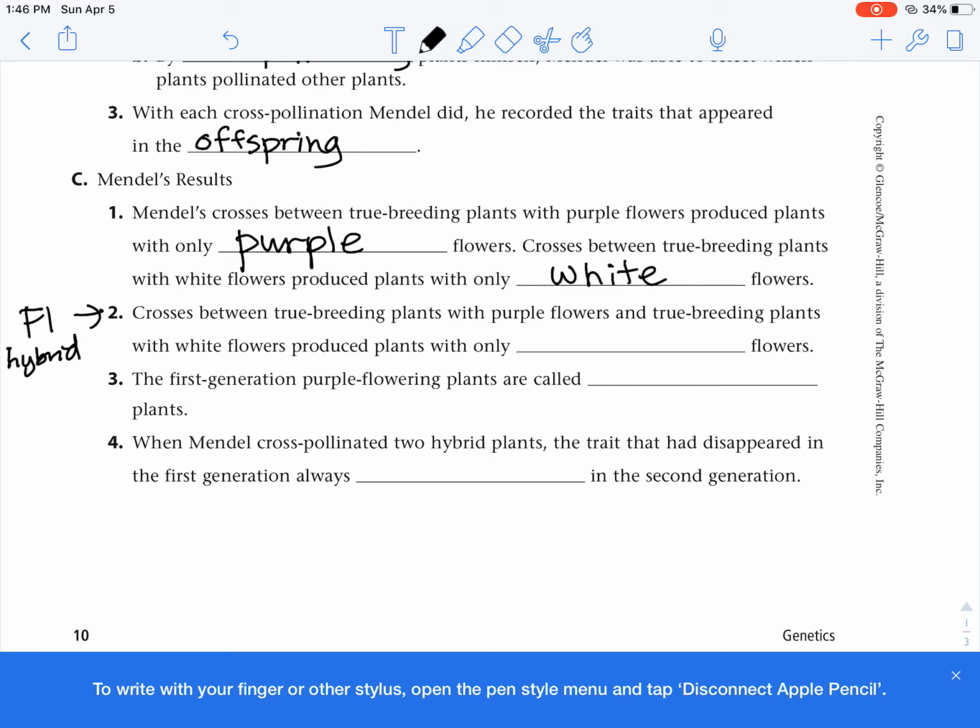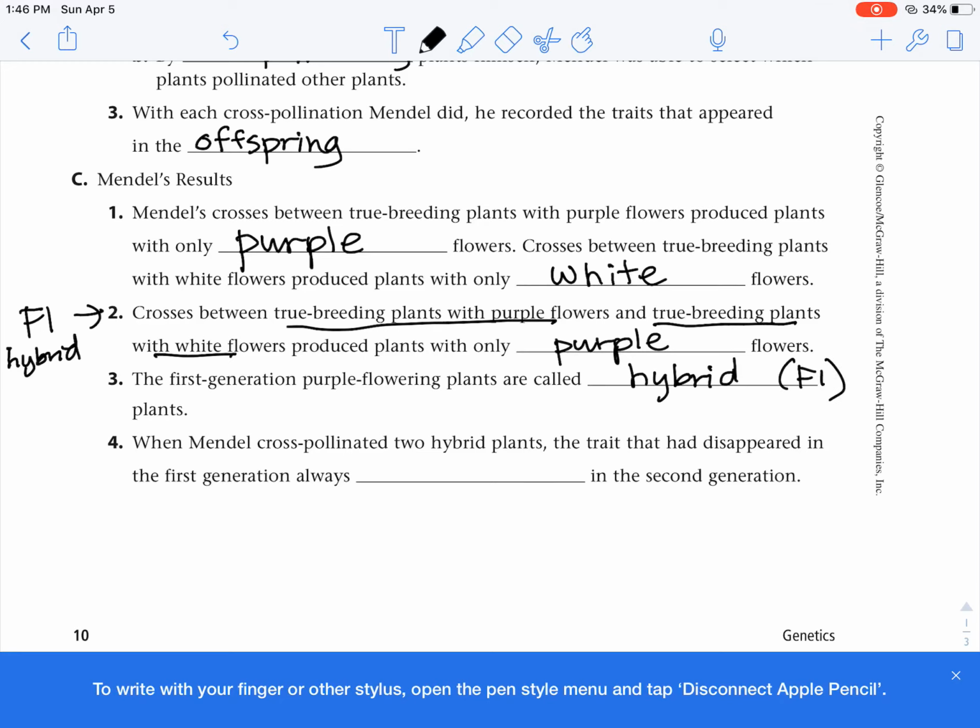All right, so crosses between these two true breeding plants, the purple and the white, produce plants with only, and so we're going to see only the dominant here. We remember that the purple flowers were the dominant. So with only purple flowers. The first generation purple flowering plants are called, again, hybrid or F1.